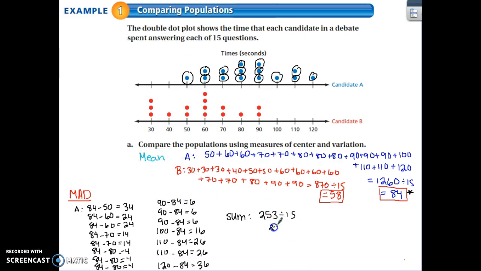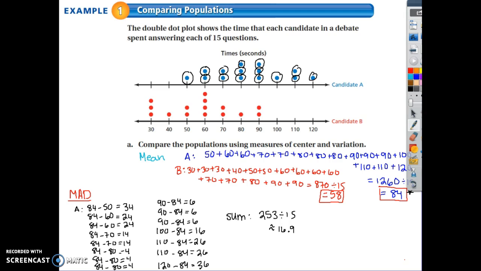This tells us that on average, each dot in candidate A's responses is about 16.9 seconds away from the overall average of 84.